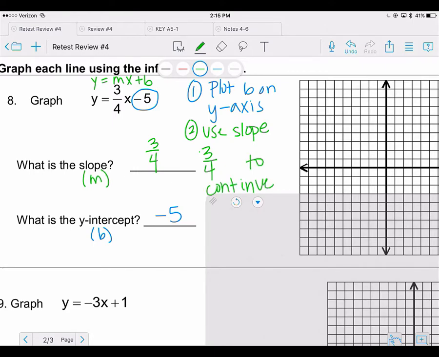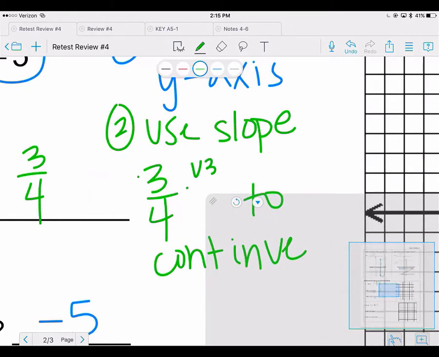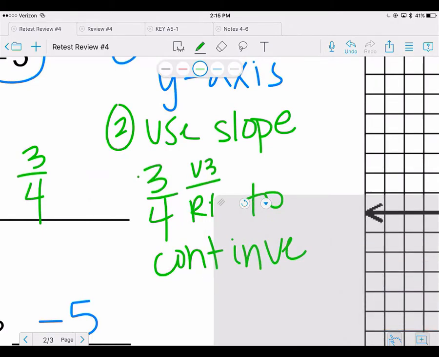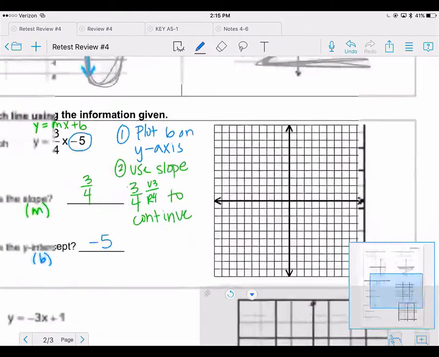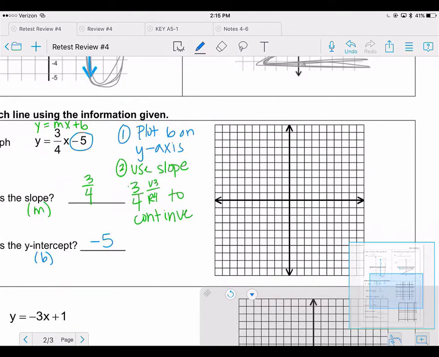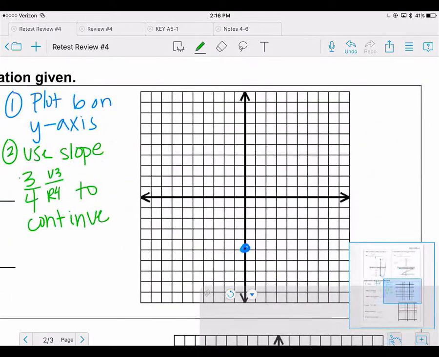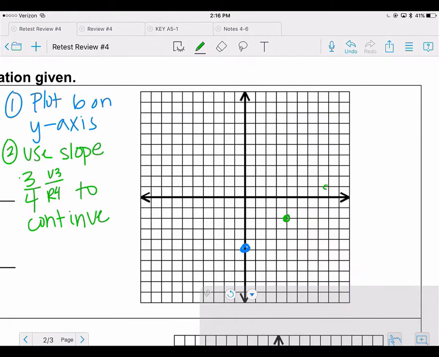And our slope of a positive 3/4 means we're going to go up 3 and then to the right 4. So again, my first step is to put b on the y-axis. So b is a -5, meaning I go down 5 and plot a point. Then I use my slope of up 3, right 4 to continue to put some dots on my graph.